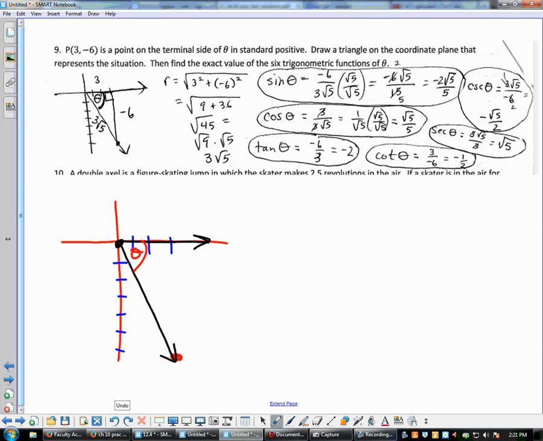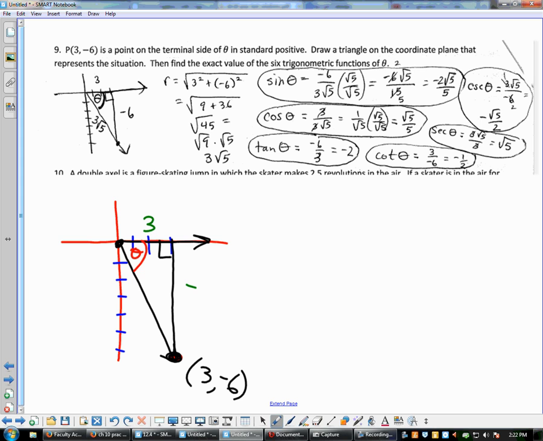So what I'm going to do is go from that point, which was (3, negative 6), and go vertical until I get to the x-axis. Whether my point is below the x-axis like here or above, I still draw a vertical line to get to the x-axis. That's a right angle, I should say.